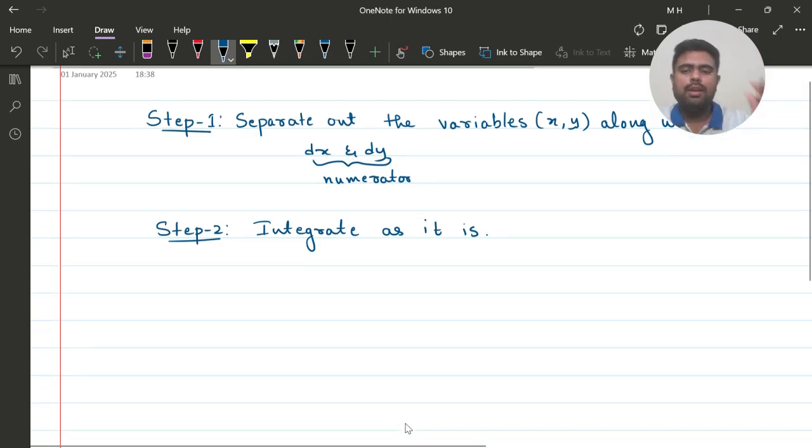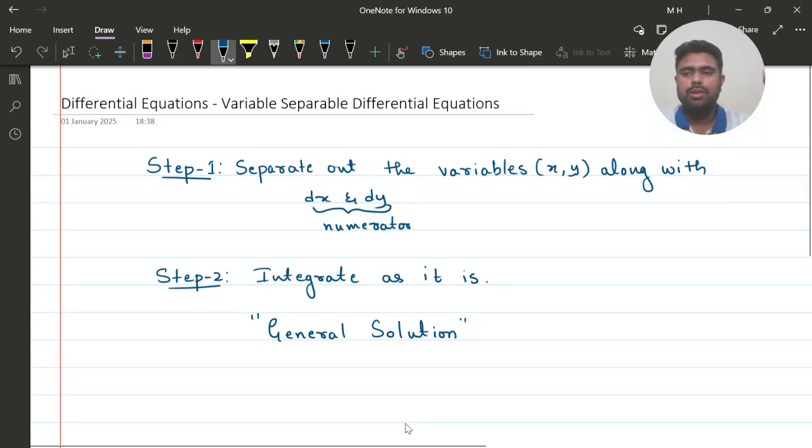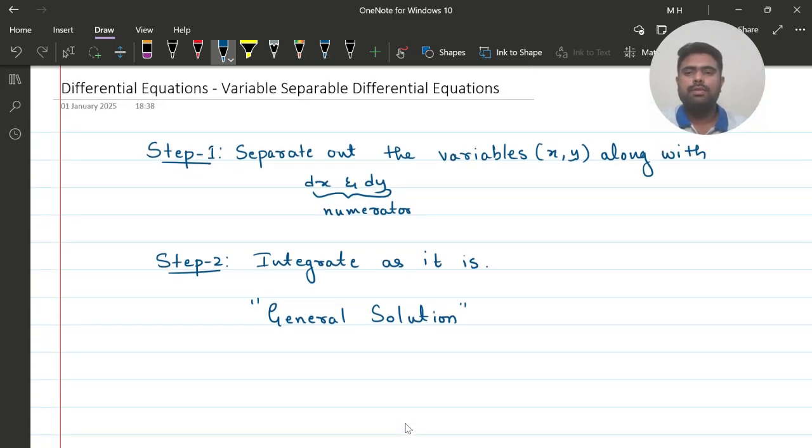And then you will obtain the general solution. And once you obtain the general solution, if they have asked you to get the particular solution, we will take up a few examples and see how to get the particular solutions. So we shall first take one problem on this.